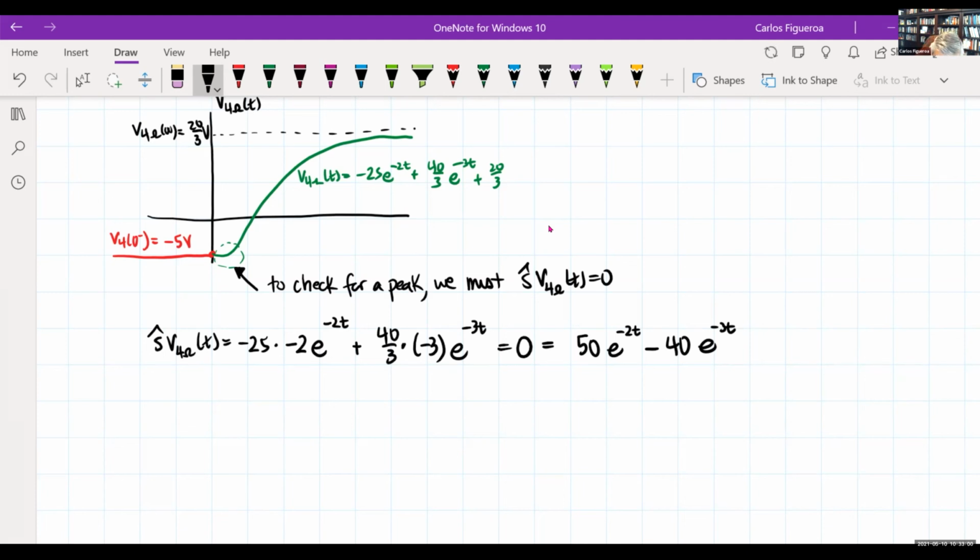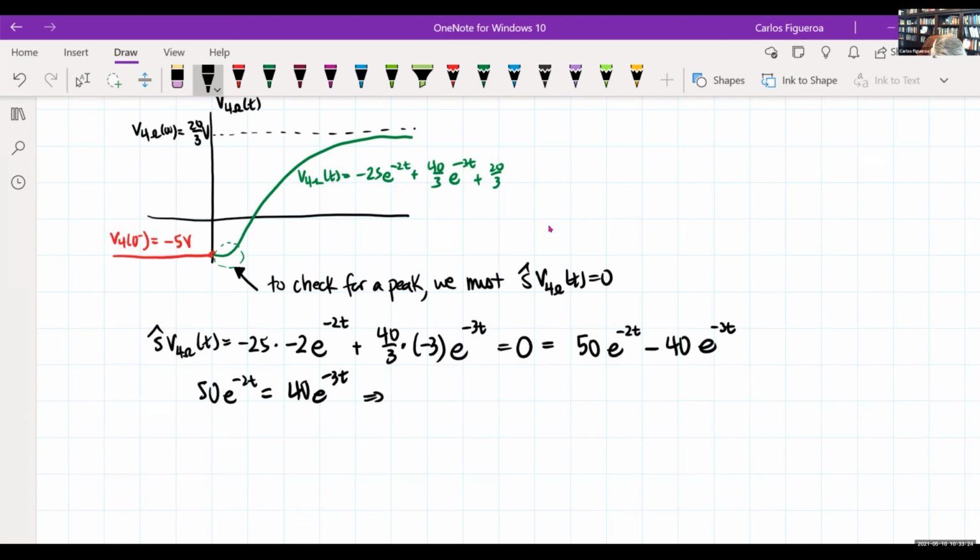So if I solve the solution here, all I'm going to do is divide both sides by e to the 2t.